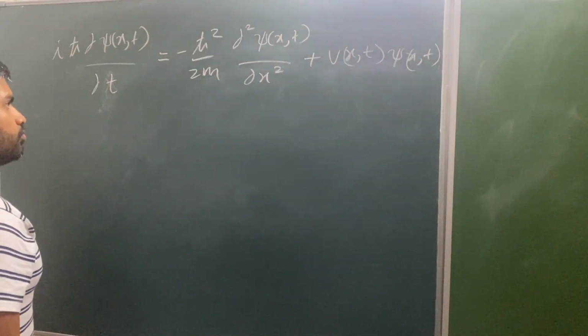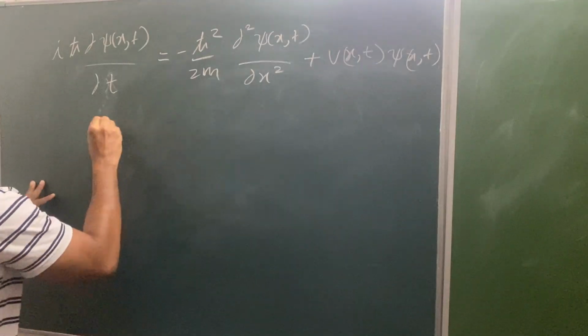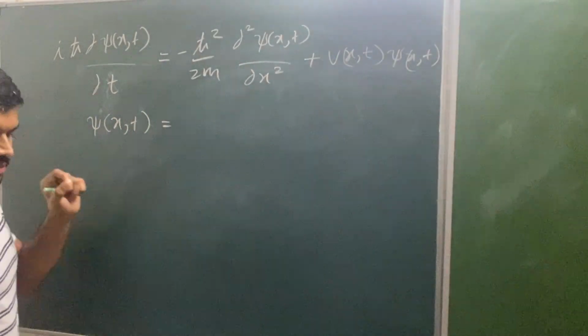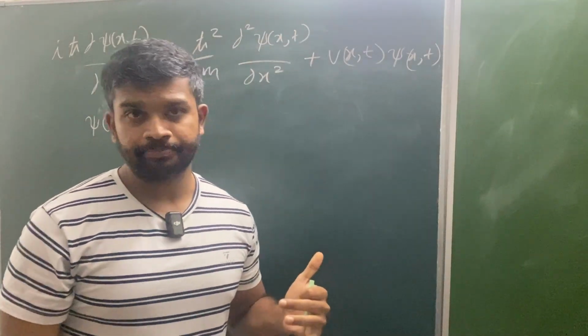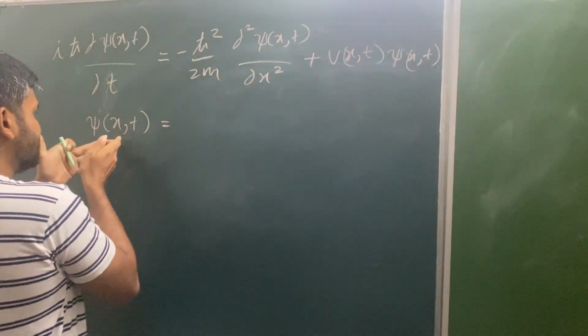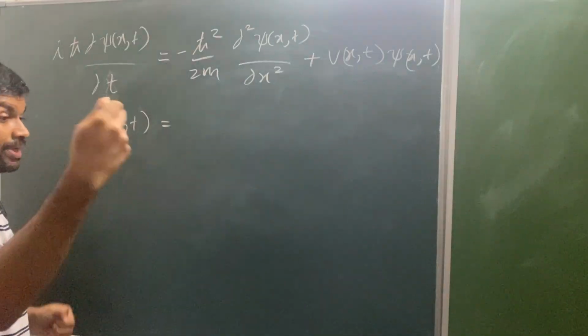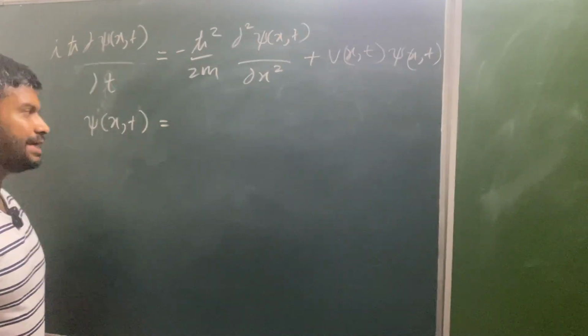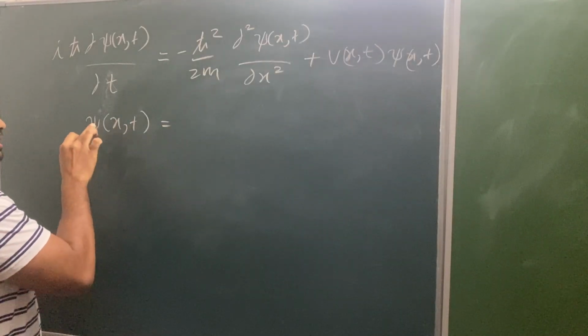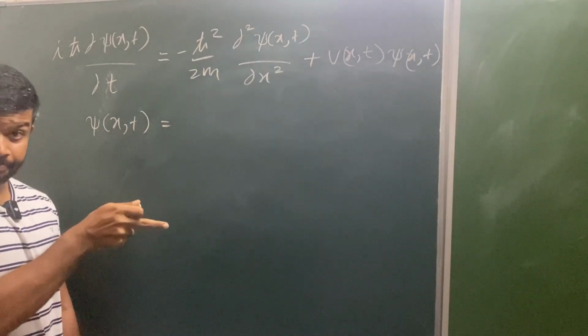But now we already know that the wave function, guys, depends on both x and t. The spatial part of the equation is x, and x represents a spatial effect and t represents a time effect. So it is a function that depends on both x and t.